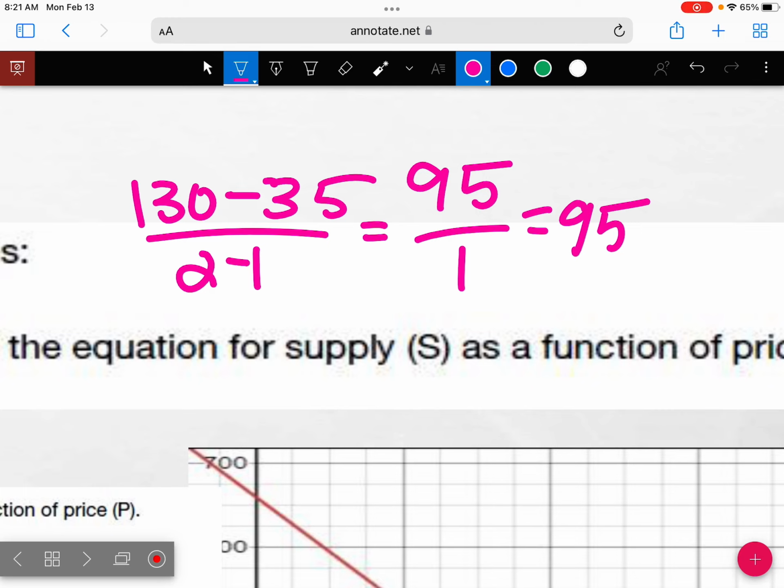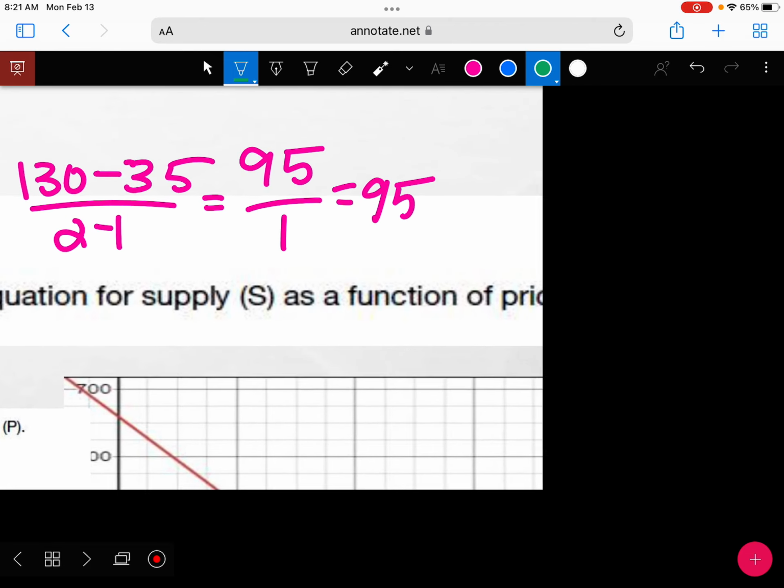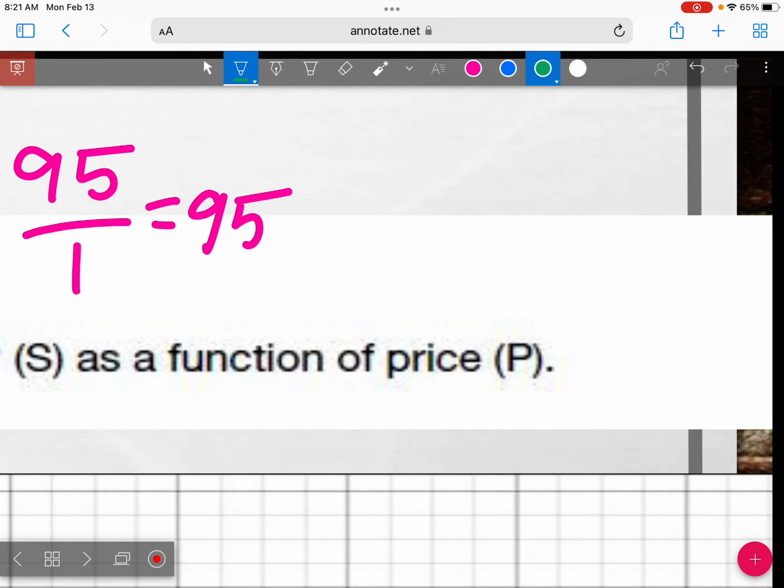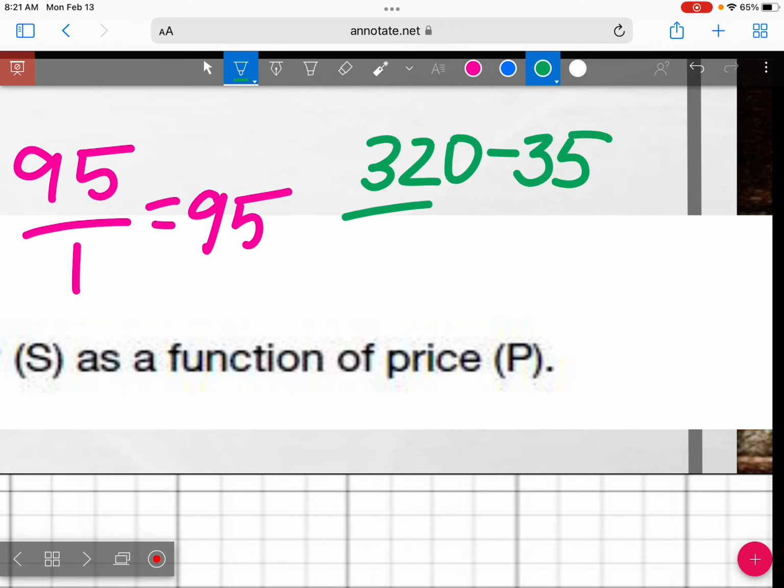Basically, it's just a totally different number. Yeah, if you did $1 and $4, it would be 320 minus 35, right? As your change in y, and it would have 4 minus 1 on the bottom. You should still get 95 if you check my work.